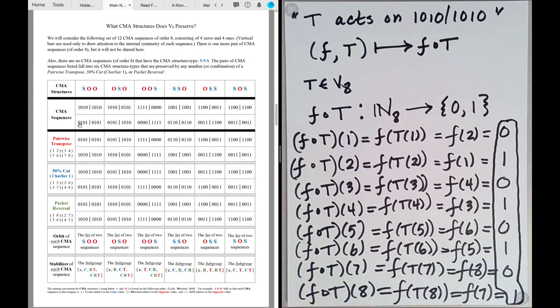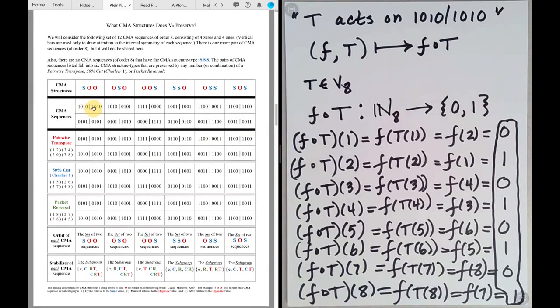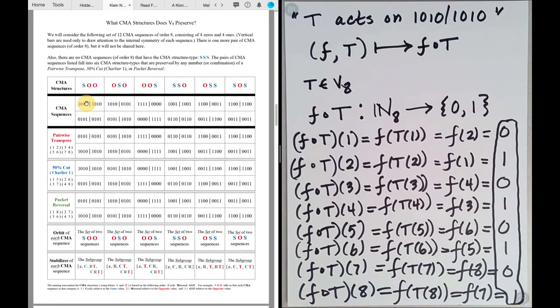And the same thing here. If you start with the inversion of this one, and then take the packet reversal of it, you'll get the original sequence above. Okay, so what that shows then is the orbit of each of these individually, the orbit of this one right here, is the set of the two of them. It's that one and that one together constitute the orbit of that CMA sequence.